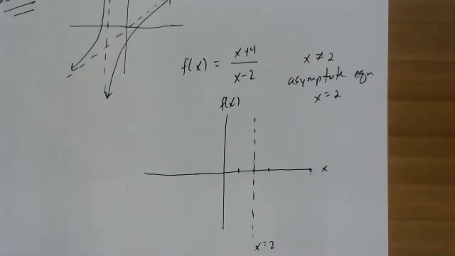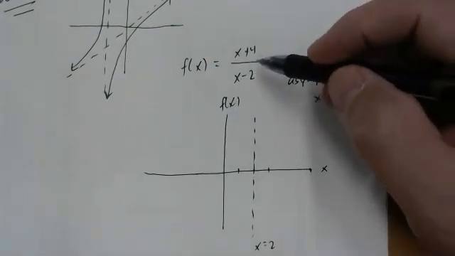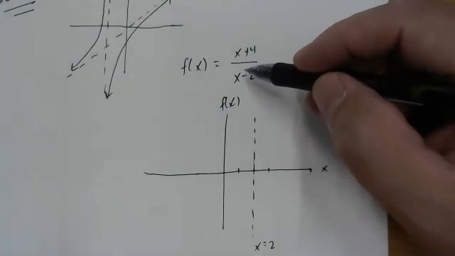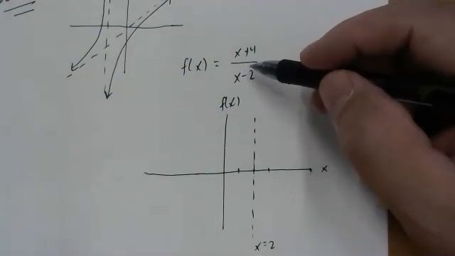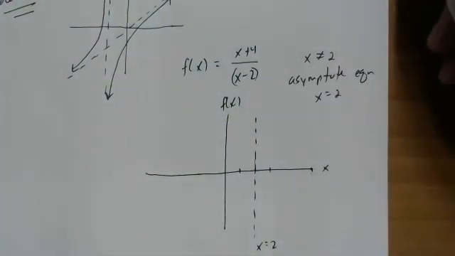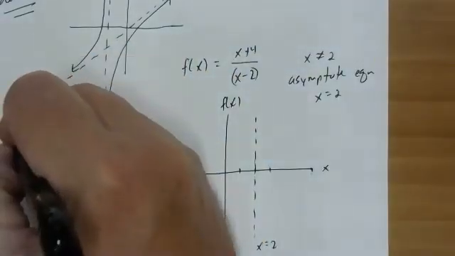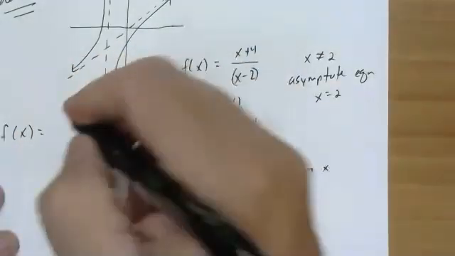Now, let me give you the one caveat, and I think there's one problem we're going to look at where it comes into effect. The only time all this I've said is not true is occasionally when you look at your denominator, and we call this a factor, x minus 2. I could just make up an example.